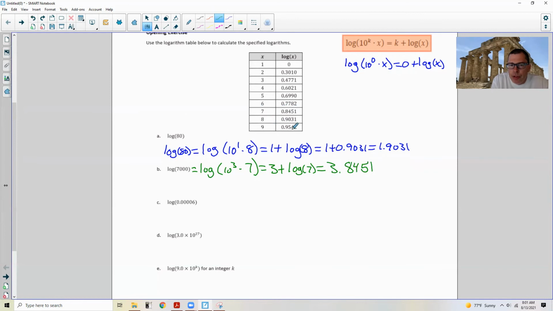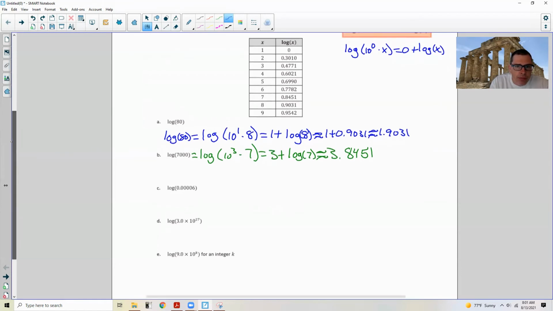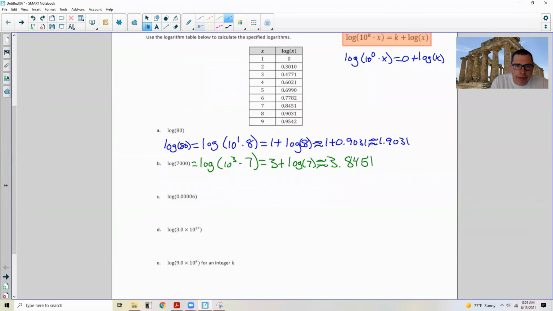So this is a really important property. And I'm using equal signs, and I should be using approximations, because logs are usually irrational. All right, so let's try the next one.